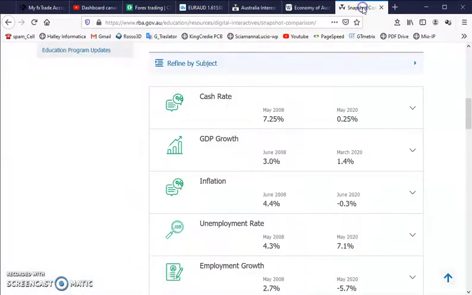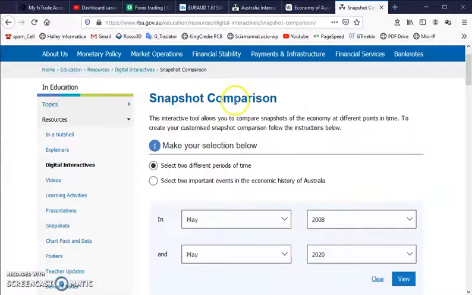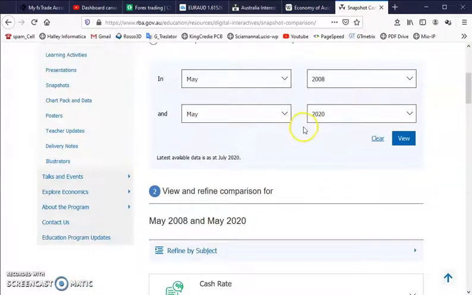And I'm going to see a snapshot of a comparison between the economy in two different periods: the big crisis of 2008 and the pandemic crisis of March 2020.